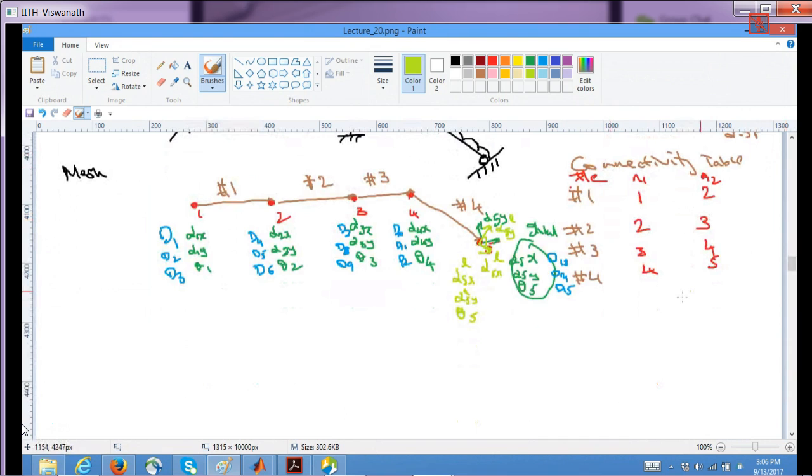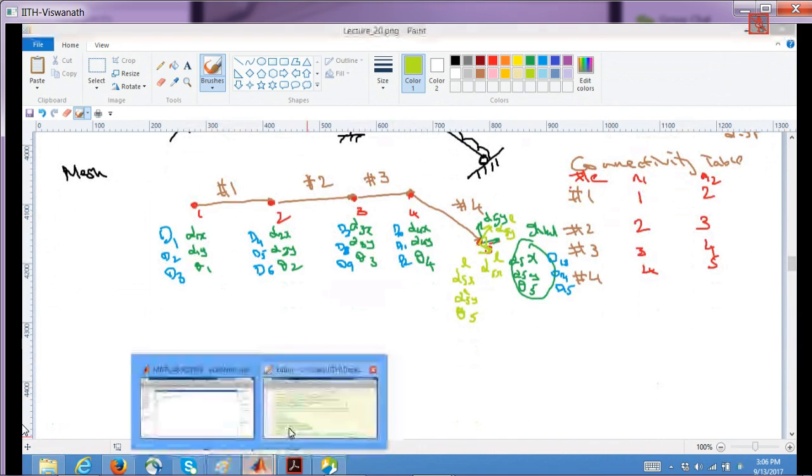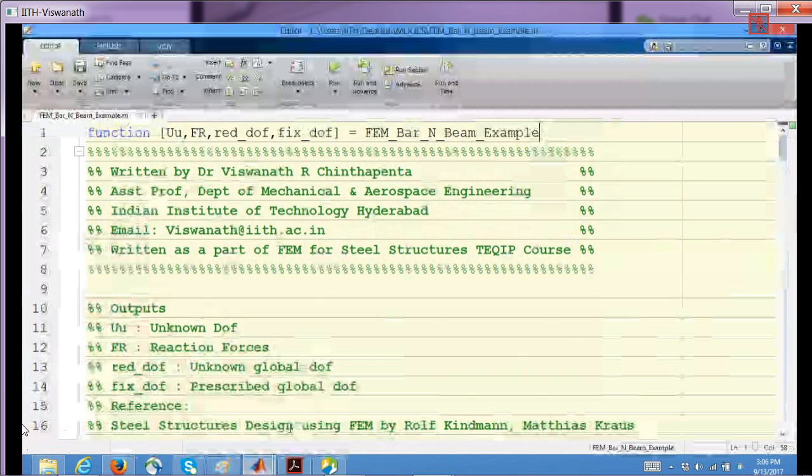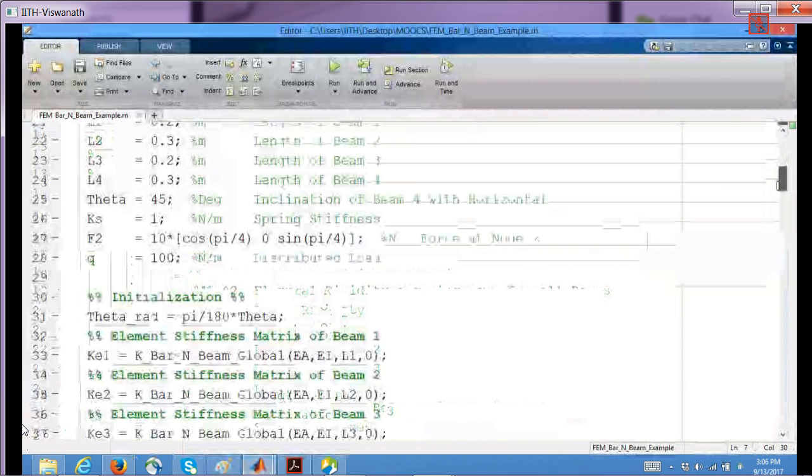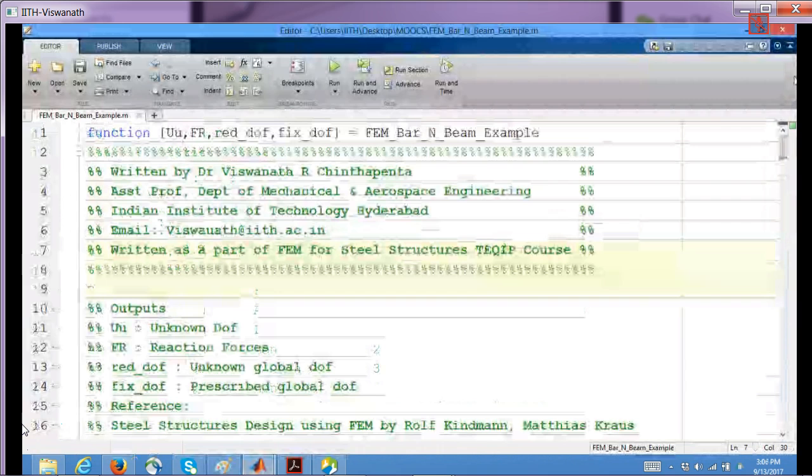For that, I will show you the code. This is the problem, FEM bar and beam example, which I've used at several places. I will run through this, and you can find this example.